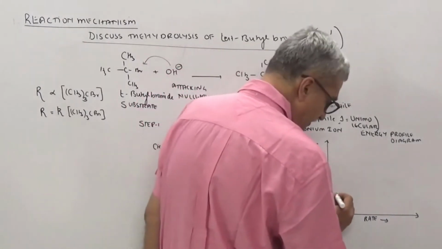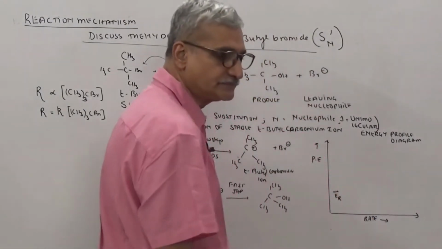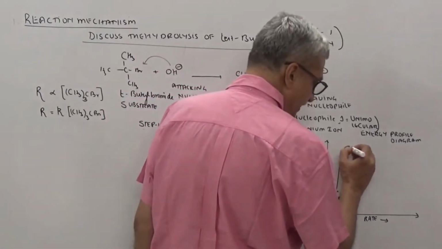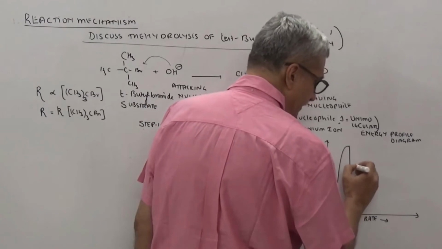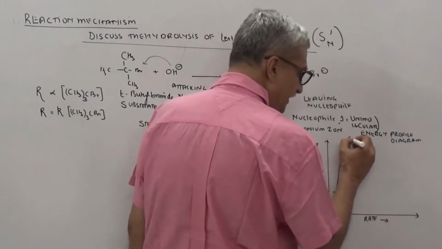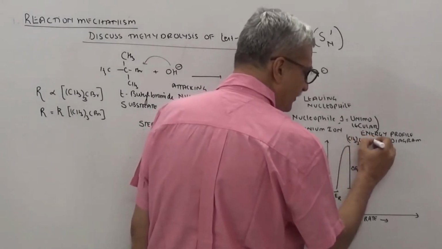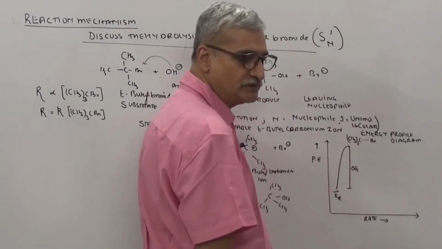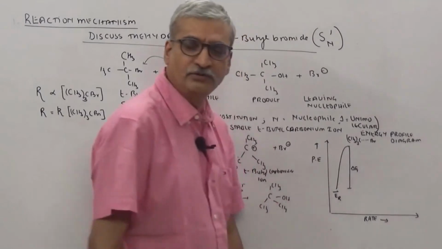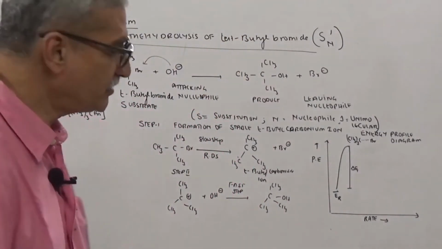So suppose this is the energy of reactant, then the first transition state is delta E1. That is when tertiary butyl bromide, the carbon bromine bond is breaking. The moment the carbon bromine bond breaks, as I told you, you get a stable tertiary carbonium ion, tertiary butyl carbocation, because of hyperconjugation.